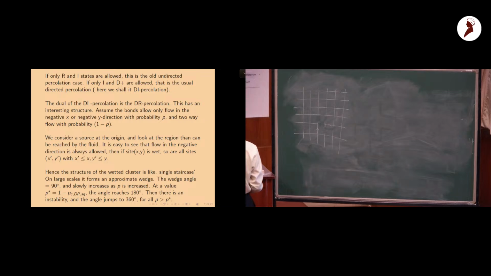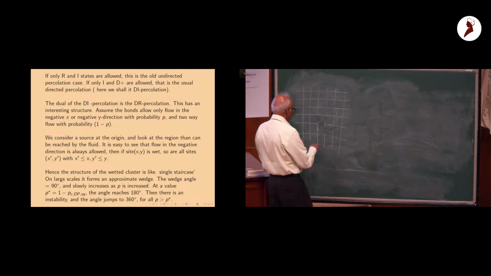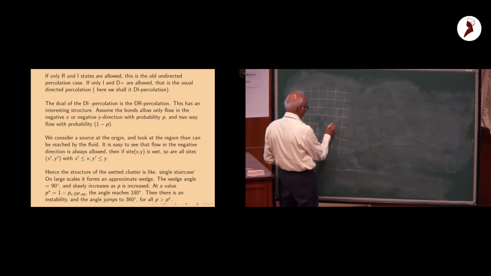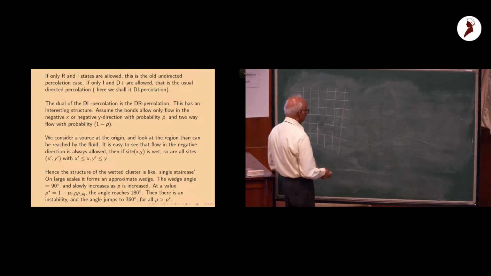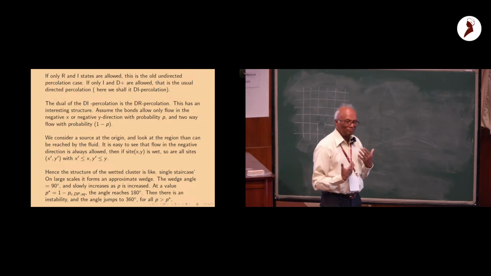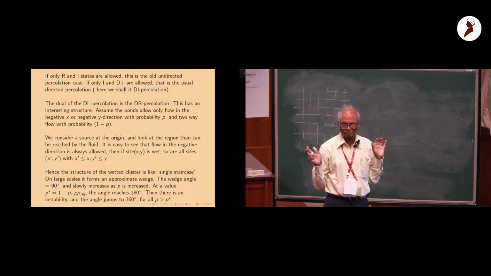Okay. What is DR? So now I take this problem in which some bonds are present, but others are not. Then in the dual problem, the diodes become diodes, and the resistors become insulators. So I have a problem in which there are only diodes and insulators. Okay? All right.